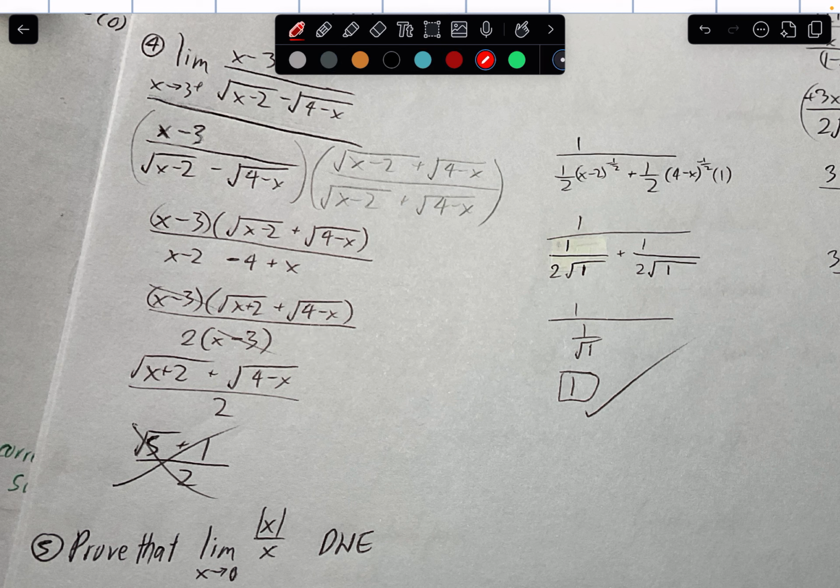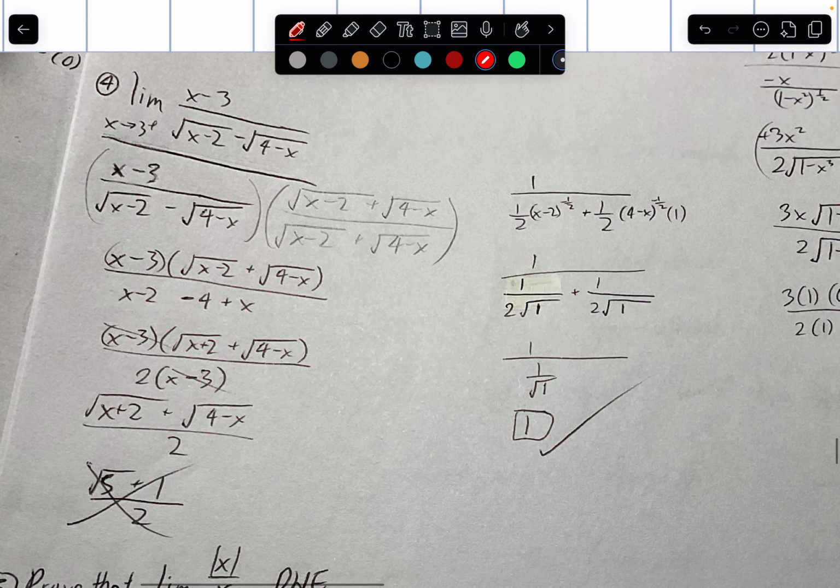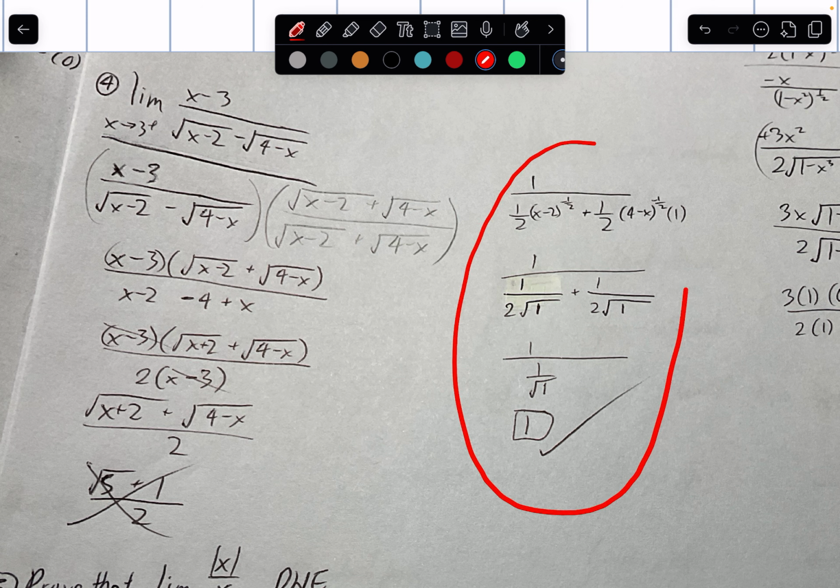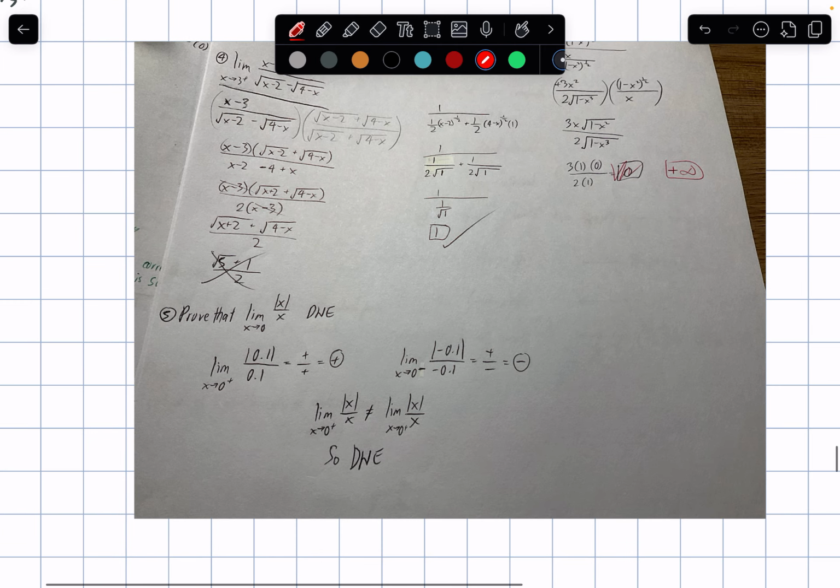And eventually, you'll have this. Actually, what's shown here is that rationalization isn't always the easiest way. So that's why sometimes, from time to time, I use L'Hopital's because it's easier. As you can see here, with just a few solution steps, you're able to find the answer already. So, yeah.